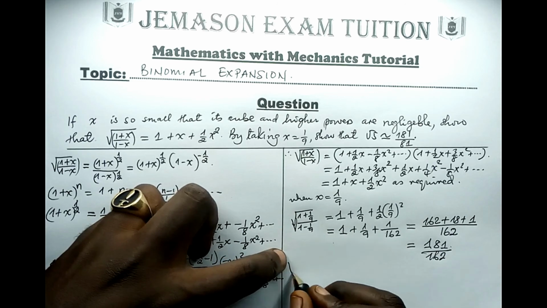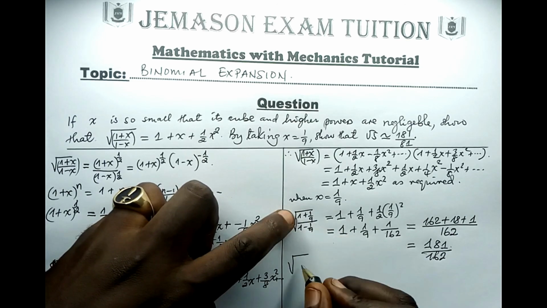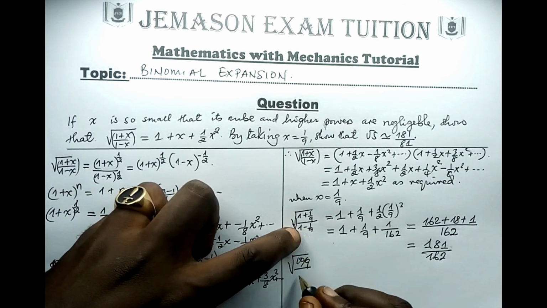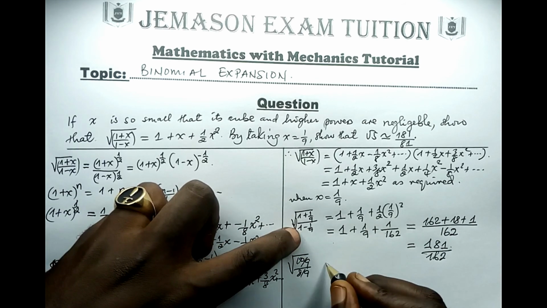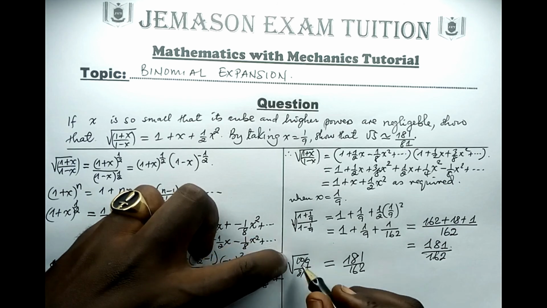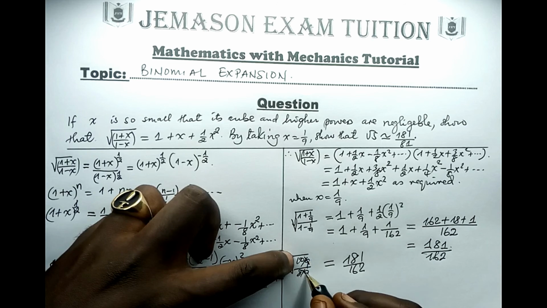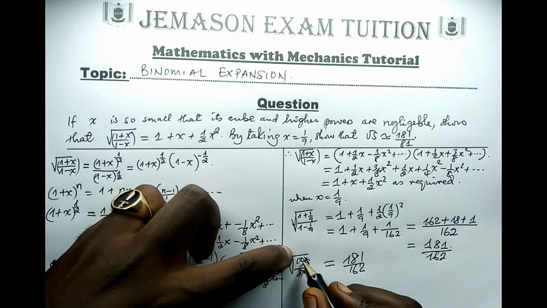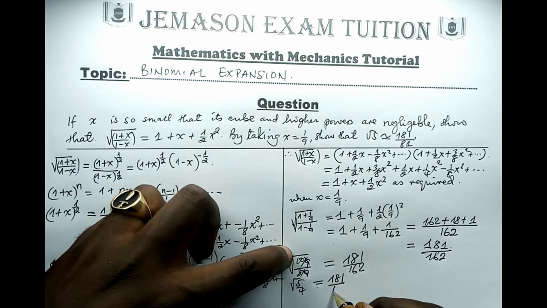On the left we have the root of 10 over 9 divided by 8 over 9, that is 1 plus 1 over 9 divided by 1 minus 1 over 9, equals 181 all over 162. Here we have 9 cancelling 9, and then root of 10 over 8 should be the same as root of 5 over 4 equals 181 all over 162.